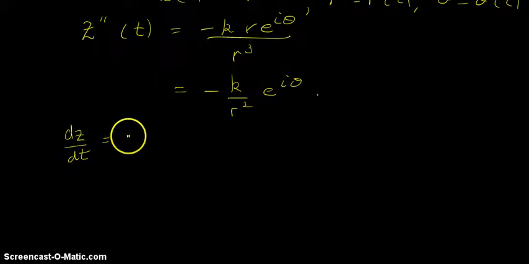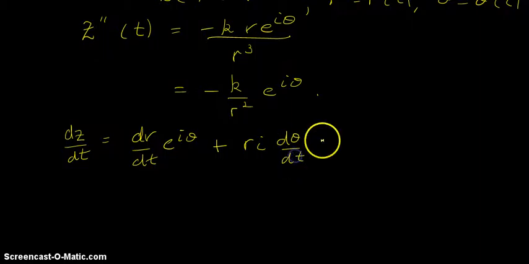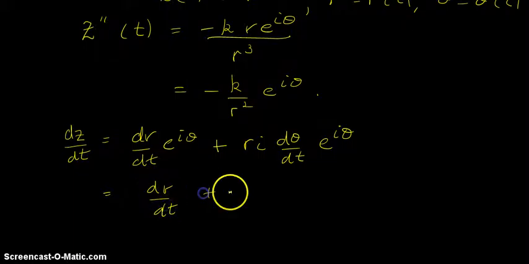This is just going to be dr by dt times e to the I theta plus r I d theta dt times e to the I theta. Now we can take out the e to the I theta, so we get dr by dt plus ir d theta dt, times e to the I theta.